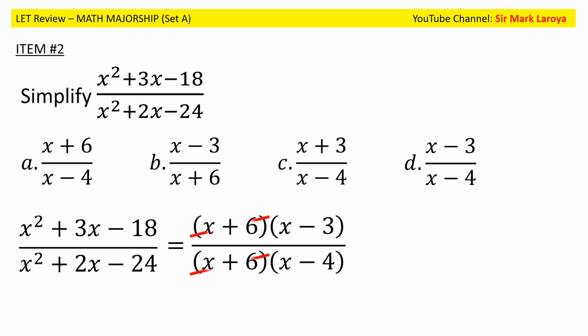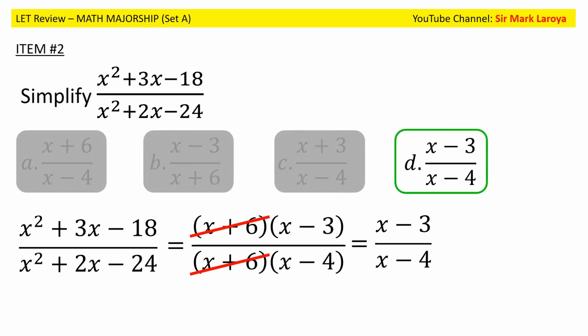They will be cancelled out kasi sila ay common pareho sa numerator and denominator. So ang matitira na lang ay x minus 3 sa ating numerator at x minus 4 sa denominator. So this is now our answer. So our answer is letter D, x minus 3 all over x minus 4.